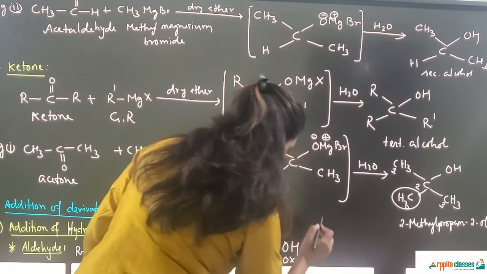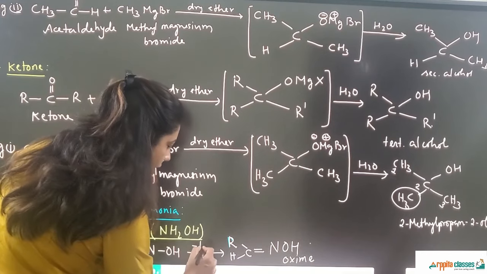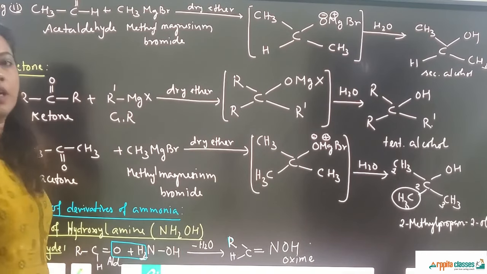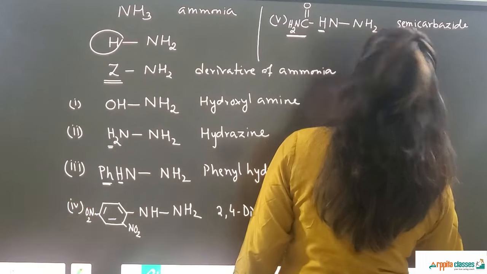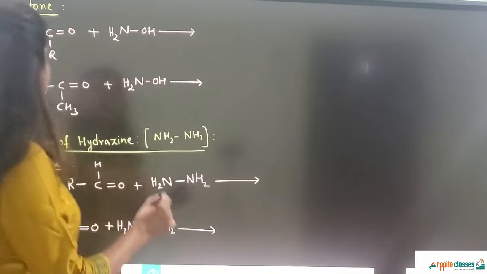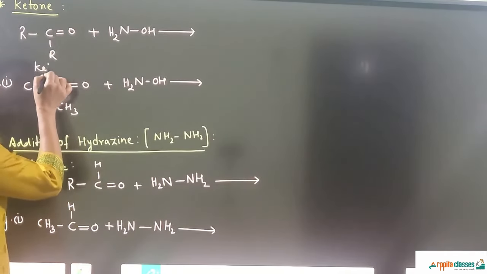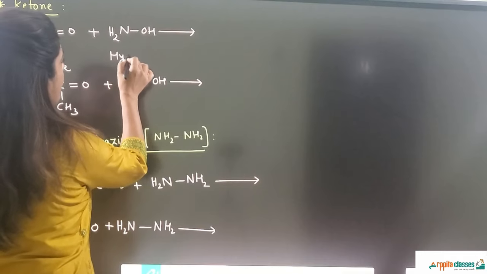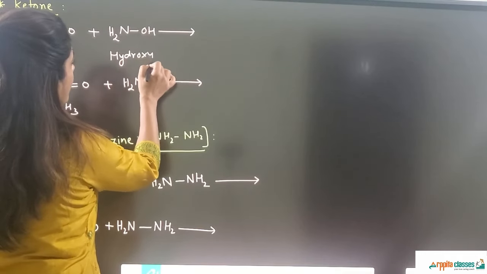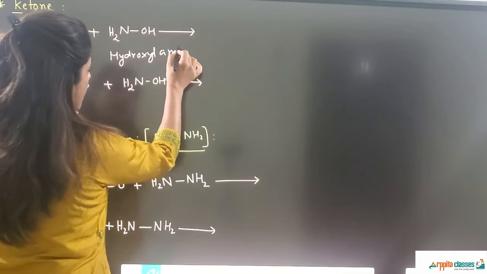It is an oxime. What is happening here? Minus H2O. In all these reactions only a water molecule will be removed. Let's see. This is now the ketone, and this is your hydroxylamine. You write down this reaction and practice.